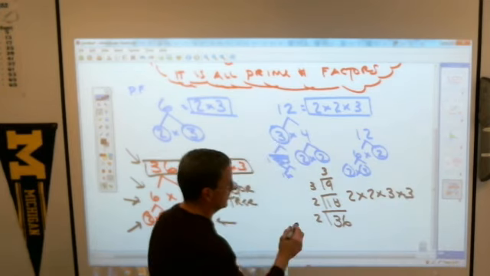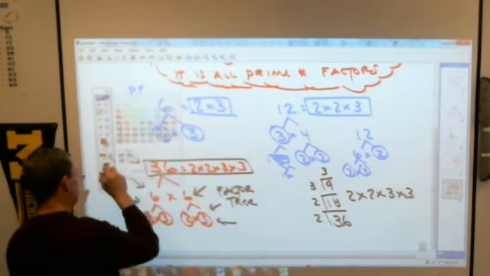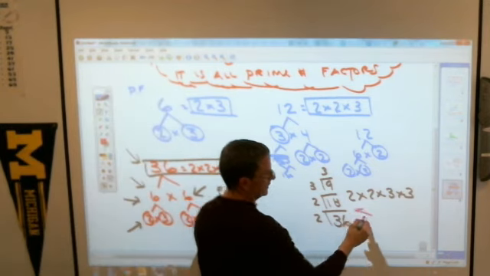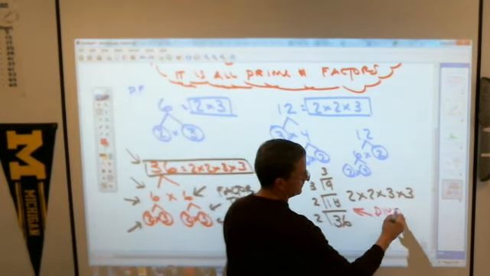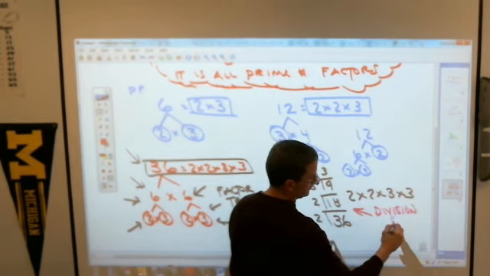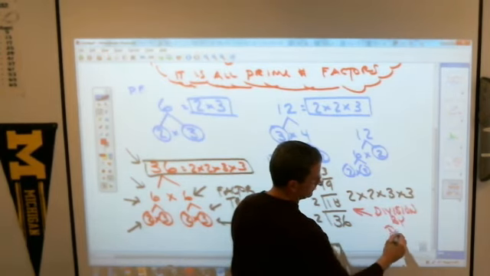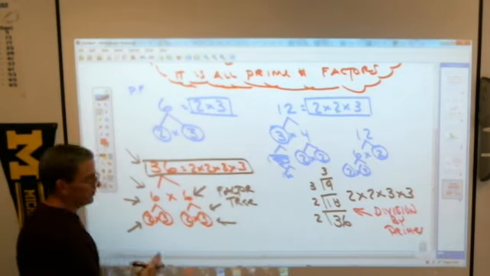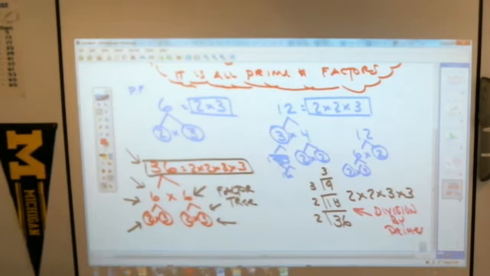And this, ladies and gentlemen, I guess we'll do it pink since I did it. This is division by primes. Factor trees, division by primes, you get the same answer no matter what way you do it.